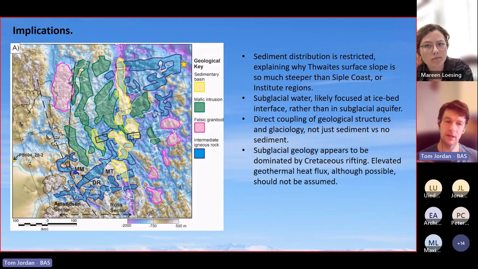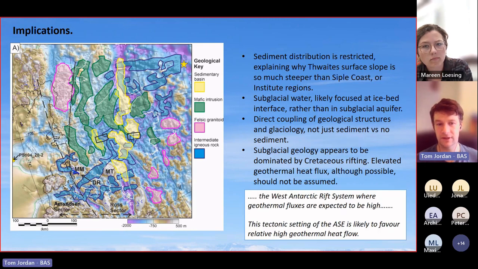And then moving on to the heat flux idea and what this means for heat flux. The subglacial geology, we think those mafic bodies are likely associated with Cretaceous rifting. We think the sedimentary basins are also associated with Cretaceous rifting. And this means that elevated geothermal heat flux, although possible, shouldn't be assumed.